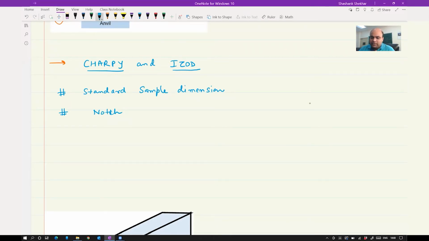And you will see in some time from now that we are going to do tests at different temperatures. So at some point, we will be testing the sample at low temperature also. So all three criteria are going to be met during impact testing. Okay. So this notch is actually going to provide you stress concentration.